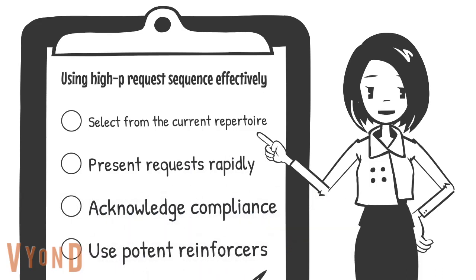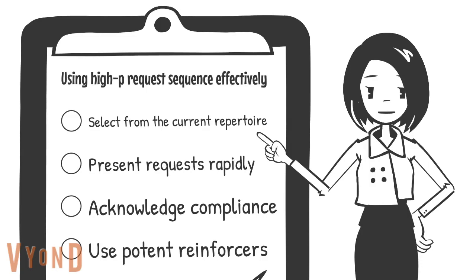So the task that you select should be in the learner's current repertoire. It should occur regularly with compliance and have a very short duration. The next would be presenting the request rapidly. So it should be presented in rapid succession with short inter-request intervals, so very fast. And the first low P request should immediately follow the reinforcer for the high P request.